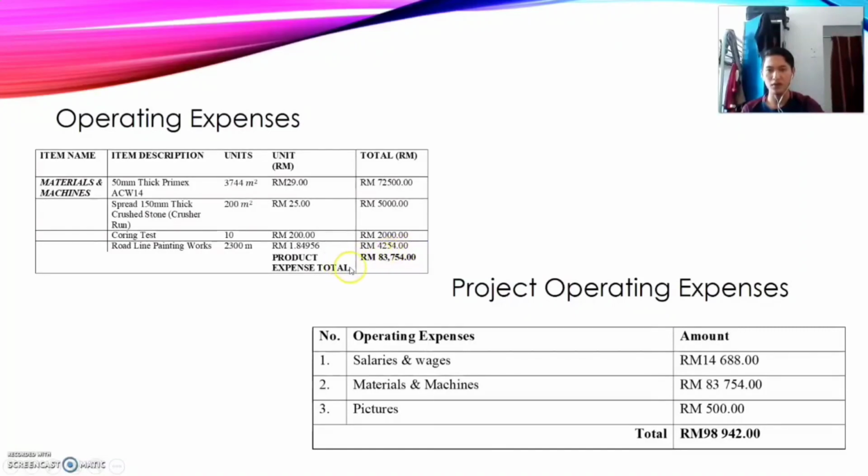So the total of the product expense is 83,754 ringgit.